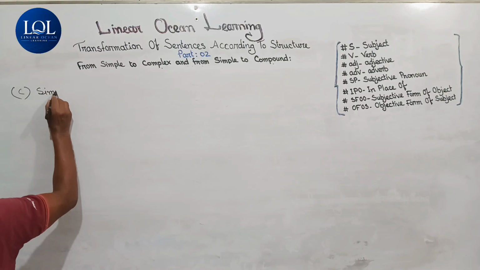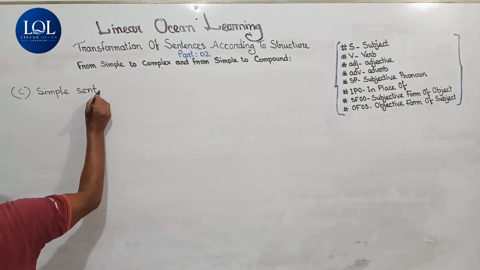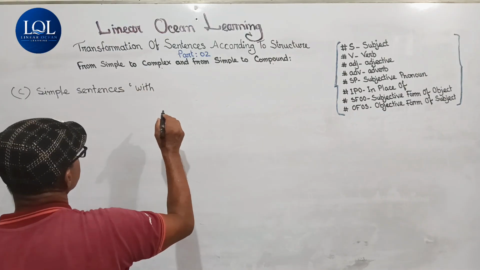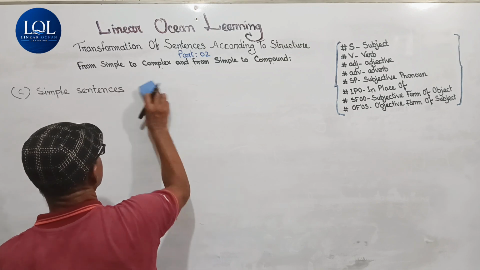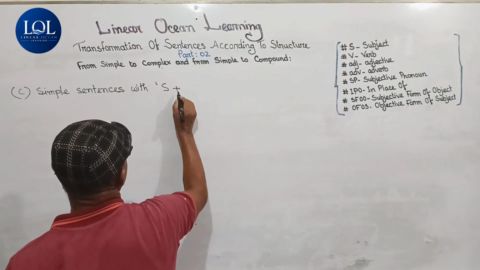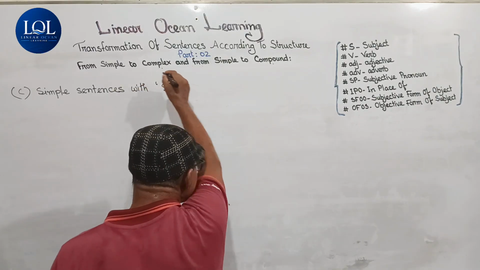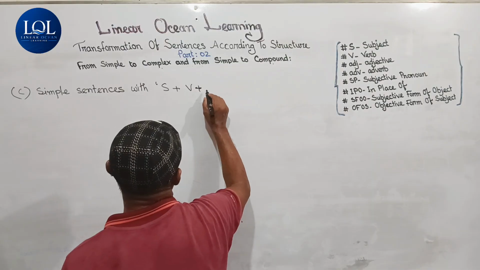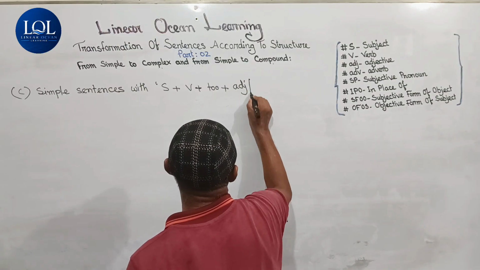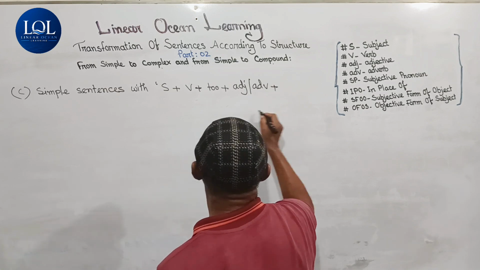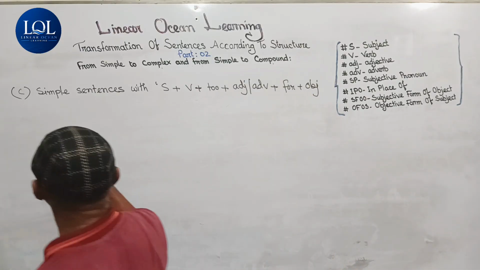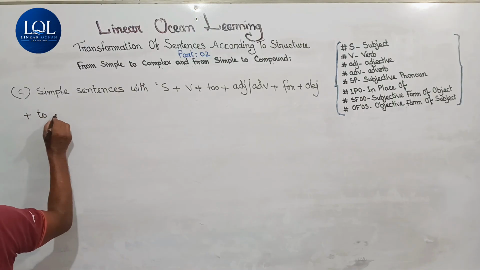C. Simple sentences with subject plus verb plus too plus adjective or adverb plus for plus object (obj means object) plus to plus verb base.